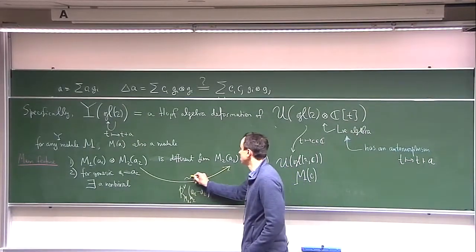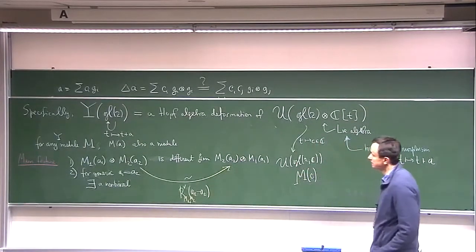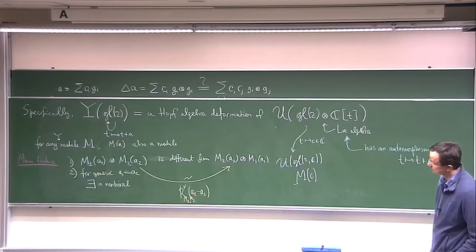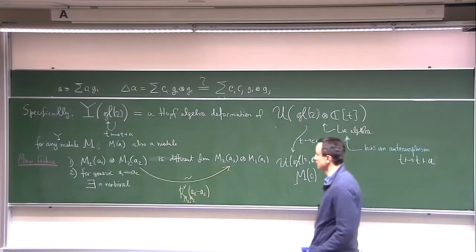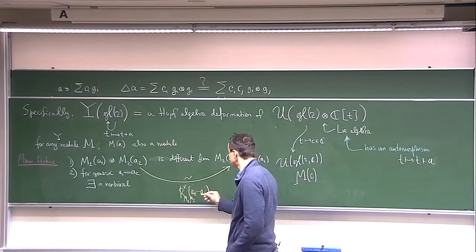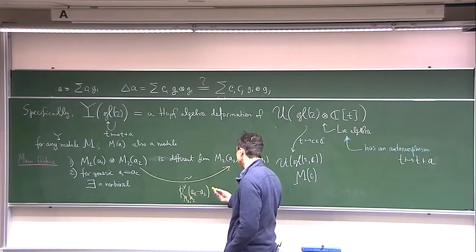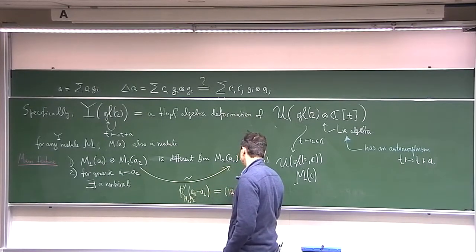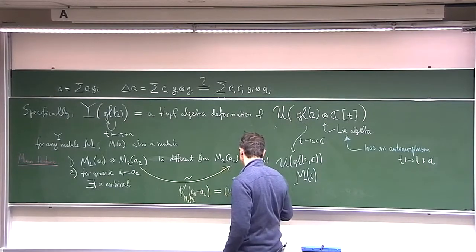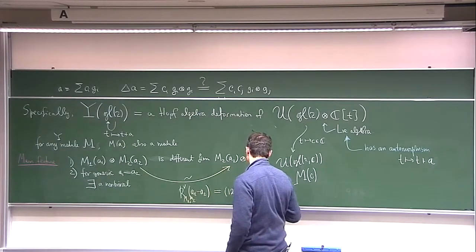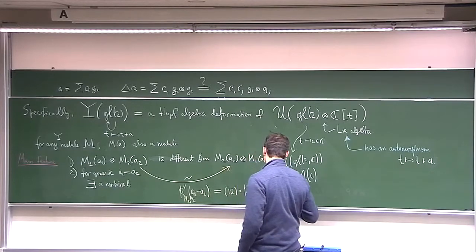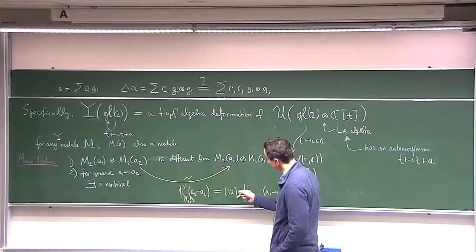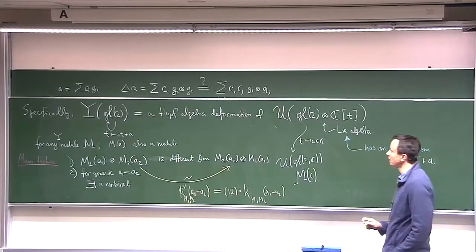This is not a permutation, and to highlight that, usually you single out the permutation and write R. That's what's called the R matrix.